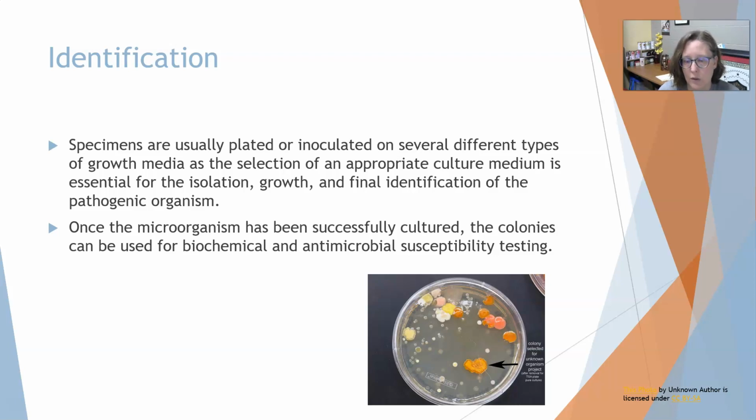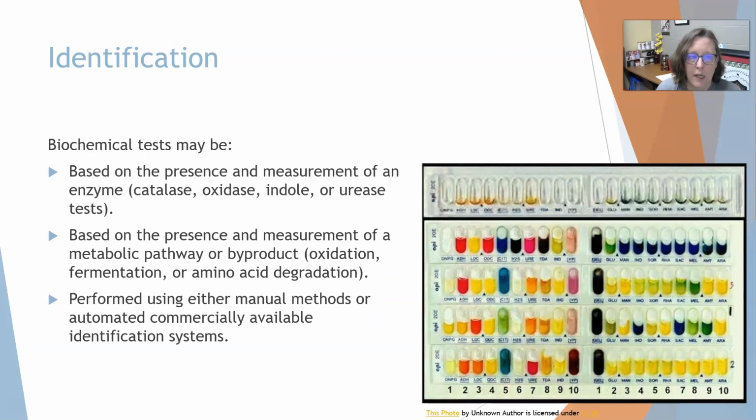If it's a slow grower, it can take a couple of days. We don't call them completely negative and no growth until we've let them grow for at least 5 days for your average cultures.